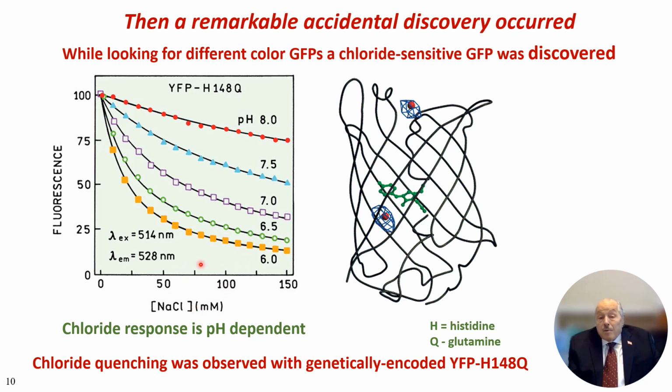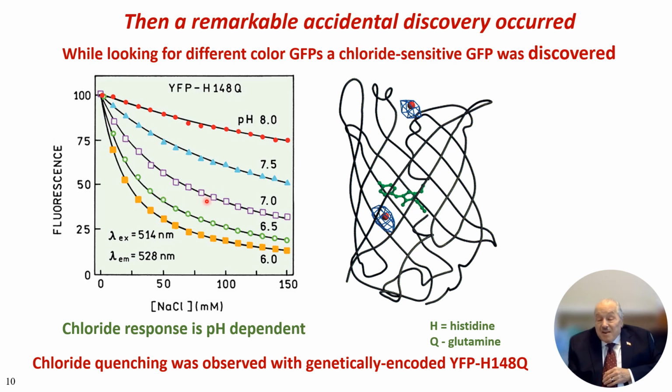The big problem was that the quenching was pH dependent. So let's say you had a fluorescence measurement here, and you wanted to know what the chloride concentration was. If you exactly knew the pH inside the cell, you could then figure out what the chloride concentration was.